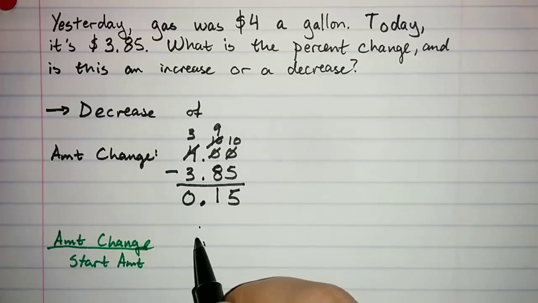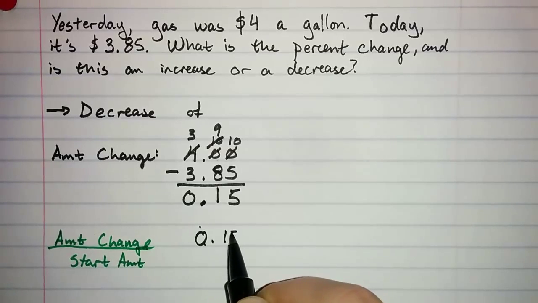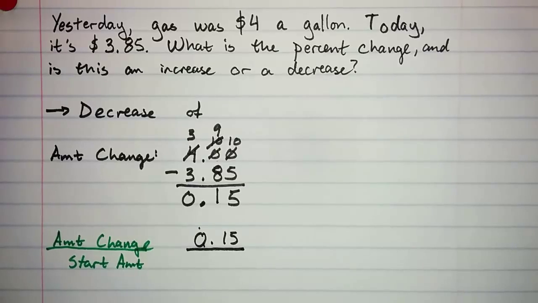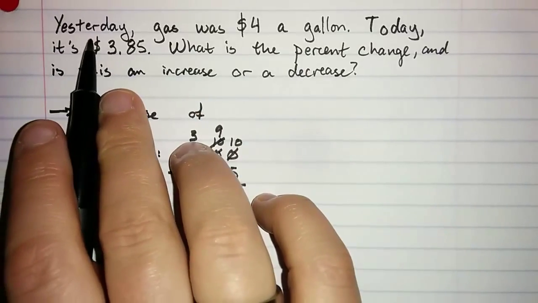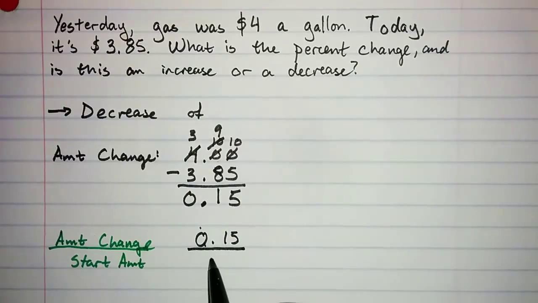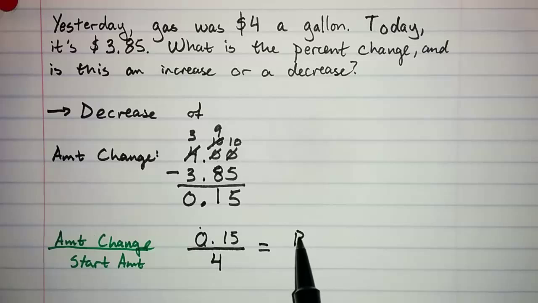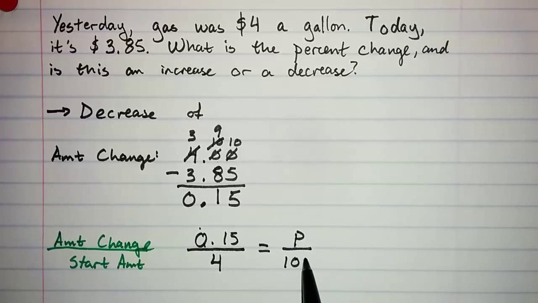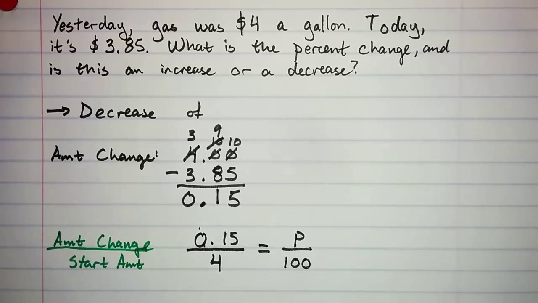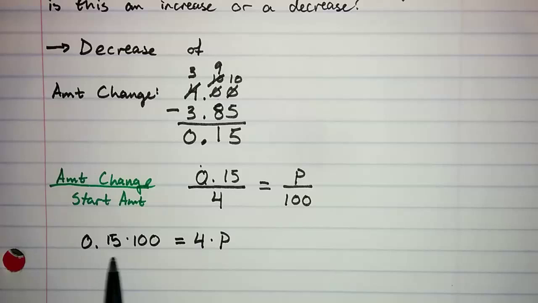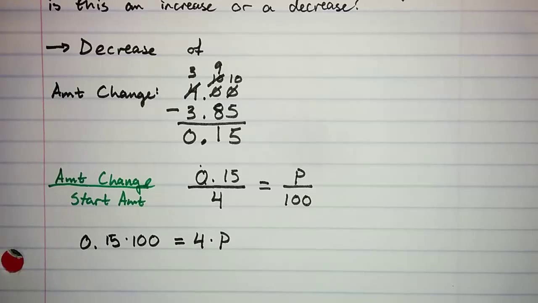So now we set up our proportion. The amount change, 15 cents, over the starting amount. What was the starting price? Starting price was yesterday, $4. Is our unknown percent change over 100. So we cross multiply. Multiply 0.15 times 100.